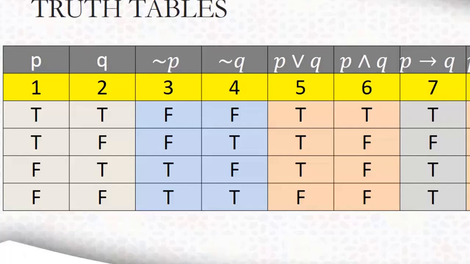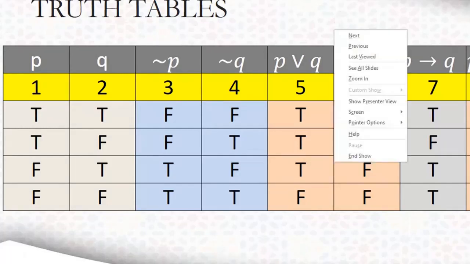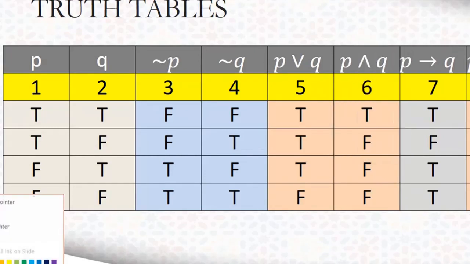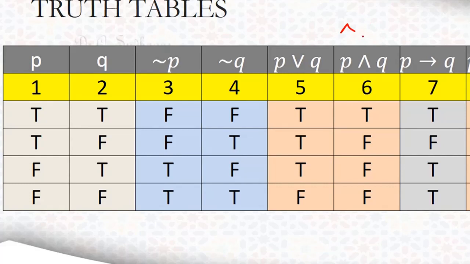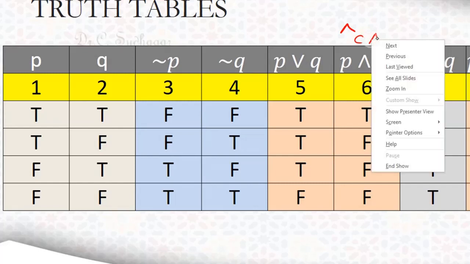Now let us come to the next part. We are going to do the AND operator. It is something like the cap. So we can put cat, C A F, cough.